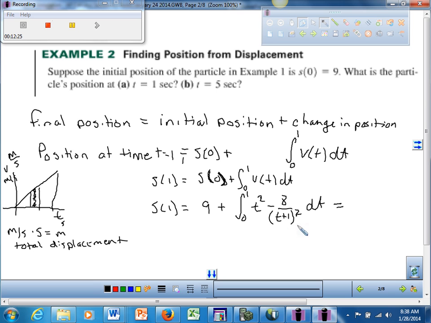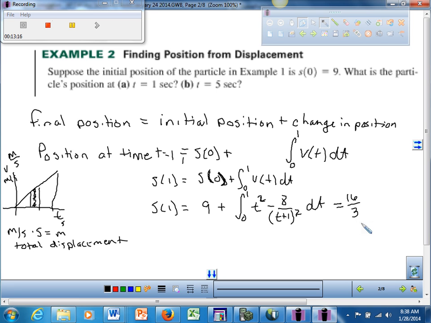Be careful with your parentheses around your t plus 1 squared. What do you think? Well, that would be for S of 5. Did you do 5 seconds? Oh, that's the second one. That's the right answer. 5 1/3. 16 thirds is correct.